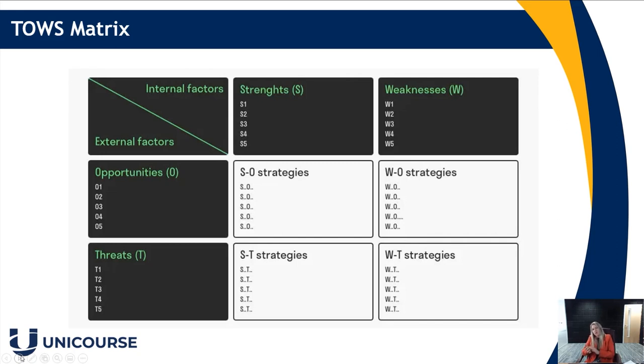So how it's different: where the SWOT begins with the internal analysis, the TOWS starts at the external environmental analysis. I spoke to you before about how you can use one to link with the other, and that can help to form a strategy.